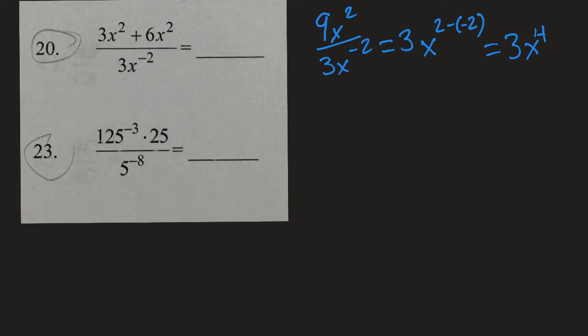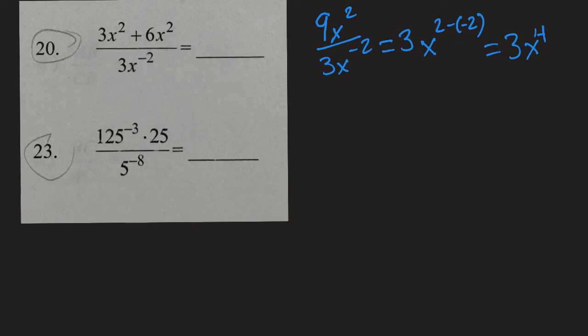So for the first one, what we notice is we have a 3x squared and a 6x squared. And those are two terms that we can add together, and we get 9x squared up top.